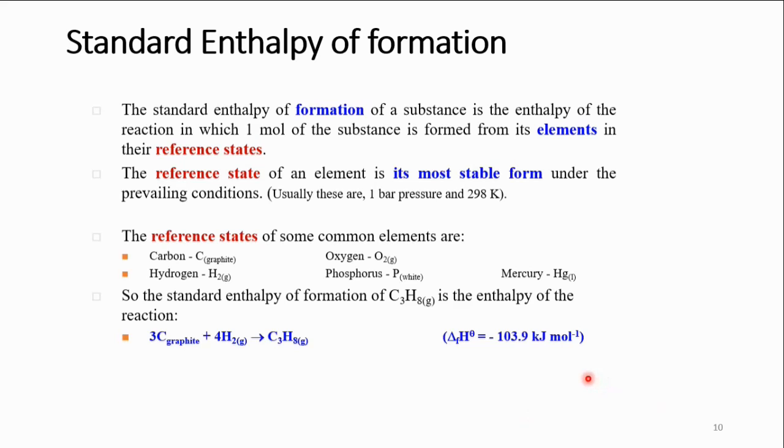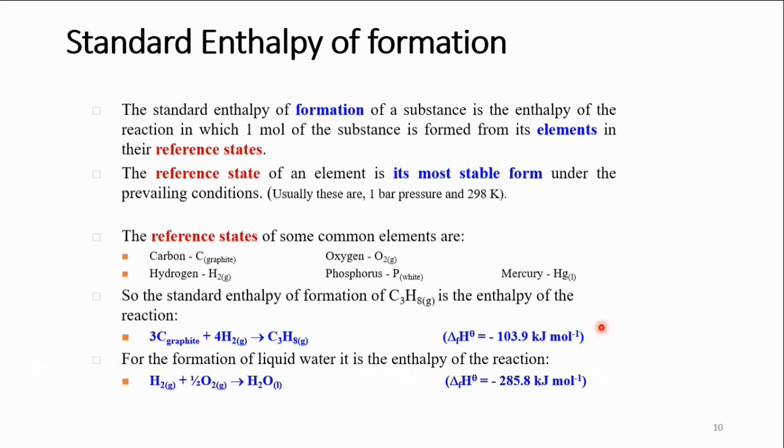Let's say it again. When 1 mole of a substance is formed from its elements in their reference states, once the pressure is constant at 1 bar, that is called the enthalpy of formation.